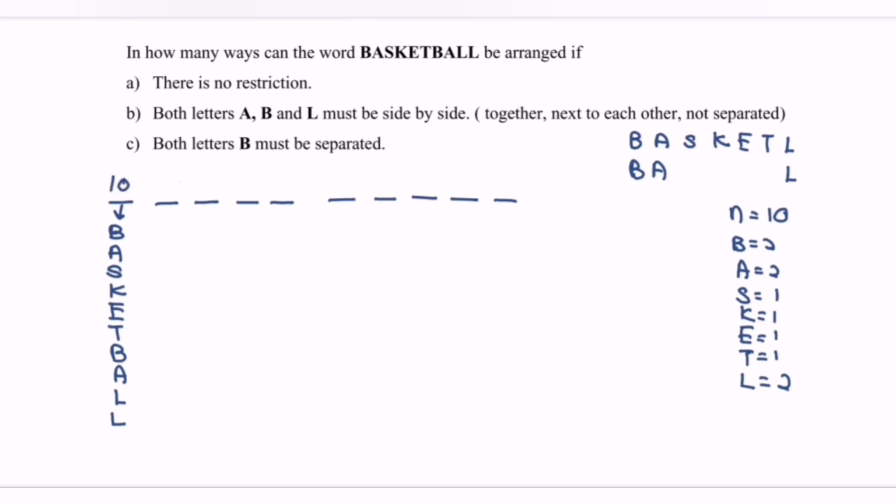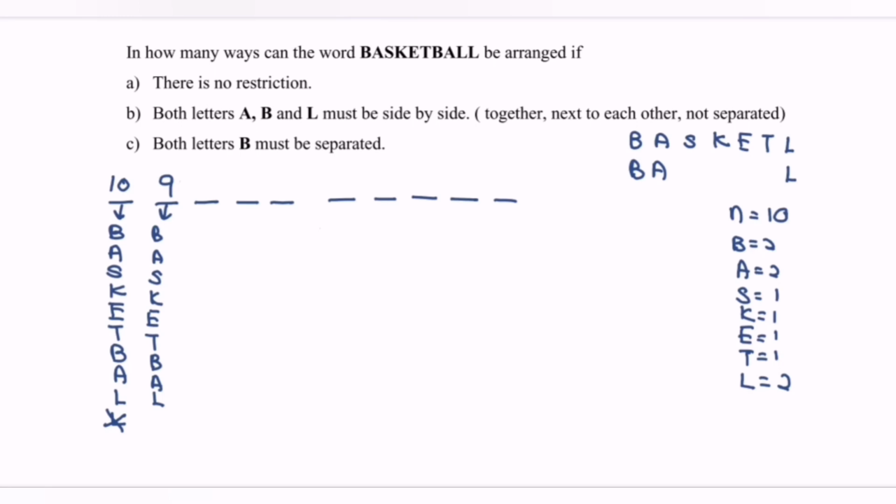Let's say we have picked the L. For the second box, we repeat the same situation with B, A, S, K, E, T, B, A, L. Here we have the possible alphabets for the second box, which means 9 possible letters.